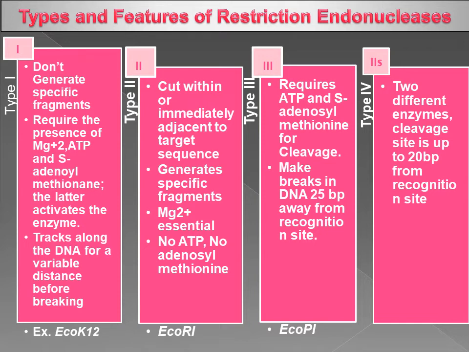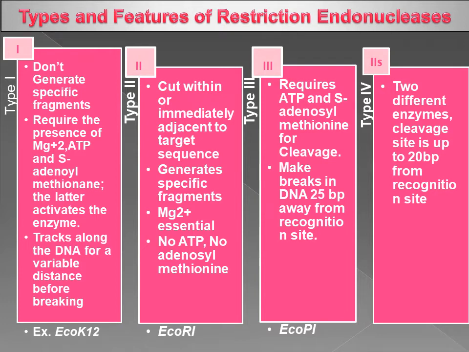They require the presence of magnesium ions, ATP and S-adenosyl methionine, and the latter activates the enzyme. They track along the DNA for a variable distance before breaking. An example of type 1 is Escherichia coli K12, where E. coli is the name of the organism and K12 stands for the strain.